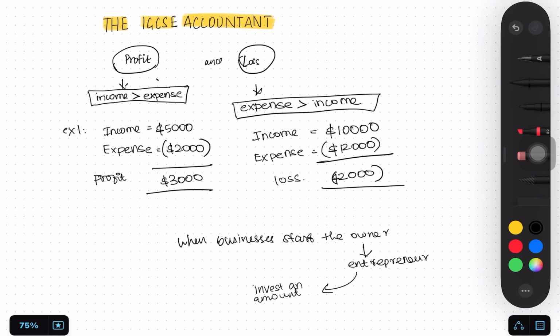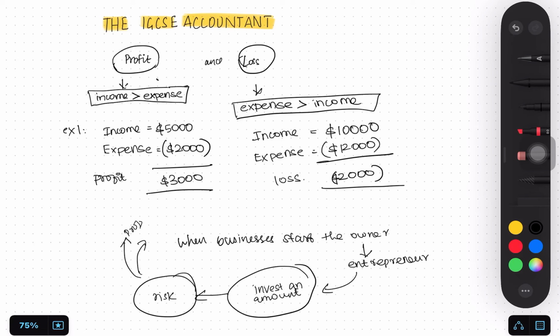This is usually called capital, but we'll look into that later. So when businesses and owners invest money into their business, they are taking a risk because they do not know if the business is going to make a profit or if it's going to make a loss. Owners will not know if the business is going to make a profit or loss. So obviously they're taking a risk.